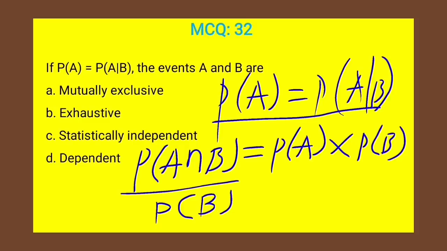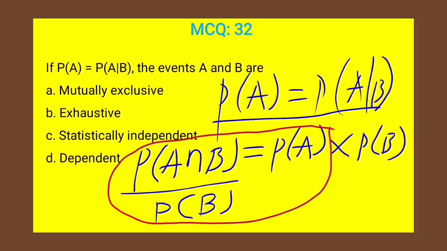Have you seen this? You remember that it becomes something like this. So the one I've indicated with the circle, you can clearly say that if I divide both sides by probability of B, I'm going to have probability of A intersection B over probability of B. It looks like a conditional probability.